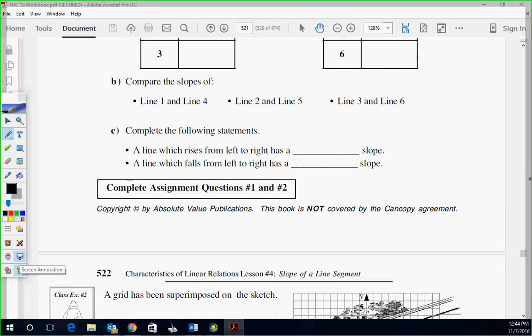A line which rises from the left to right has a positive slope. A line which falls from left to right has a negative slope. Okay, on we go.